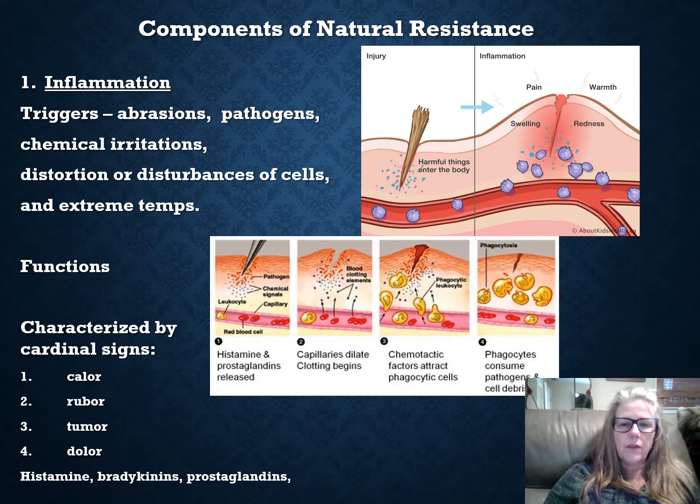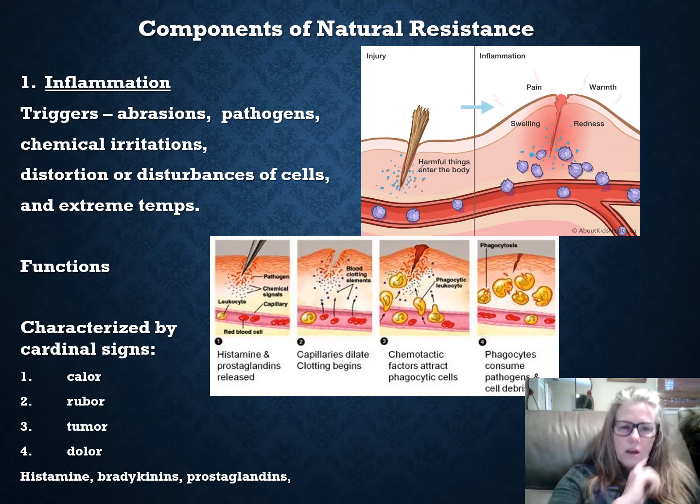What that clot does is it prevents the spread of any pathogens, like bacteria or viruses, that could have gotten through the barrier. Something else it does is it tends to activate the immune system proper, the specific immune system or the acquired immune system.